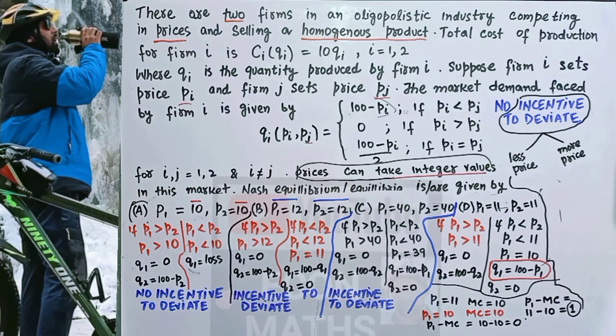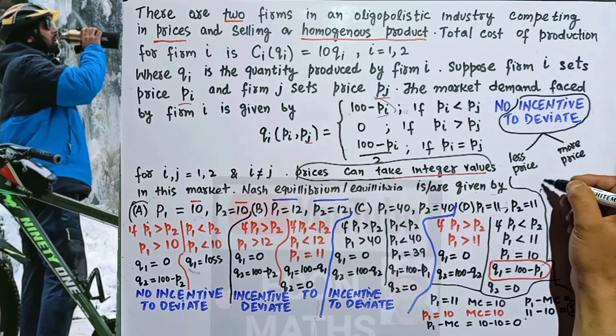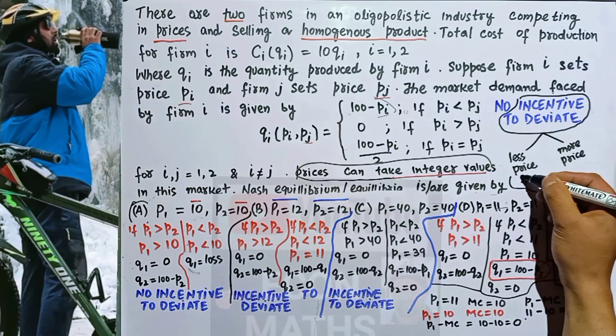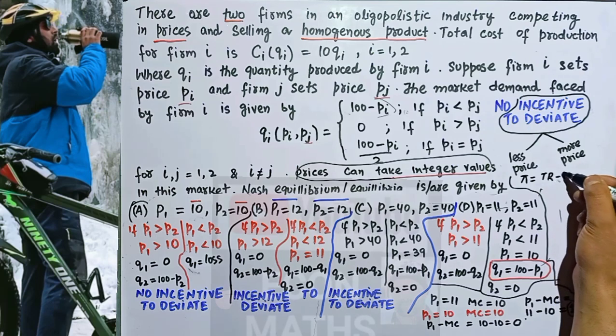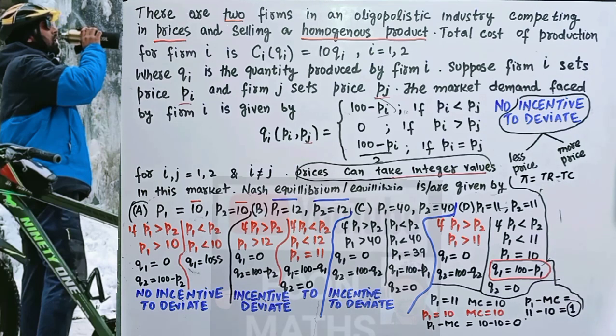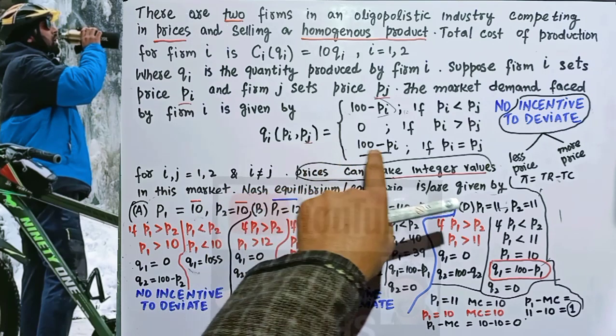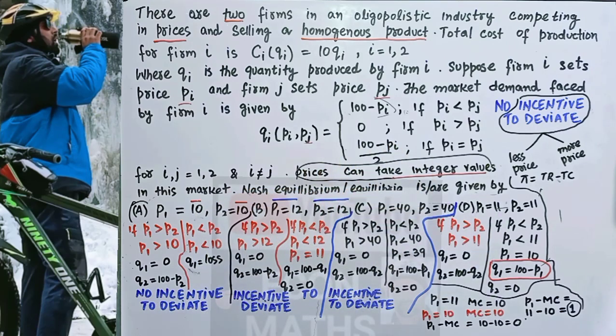Let us see what the profit is here. It is very important. Profit is equal to total revenue minus total cost. What is total revenue here? When both are charging the same price, as we have seen, the market will get split.